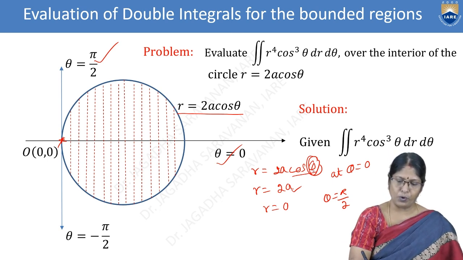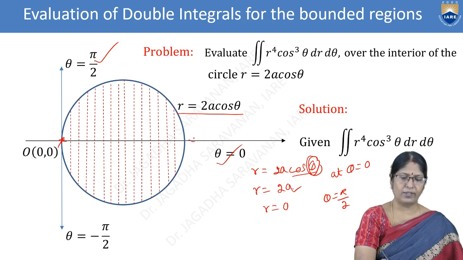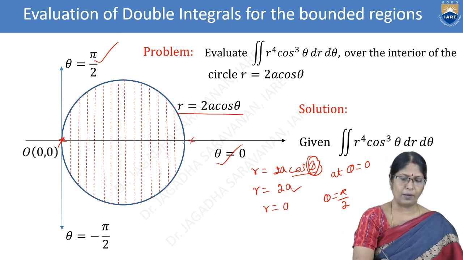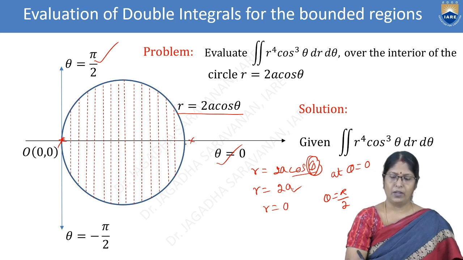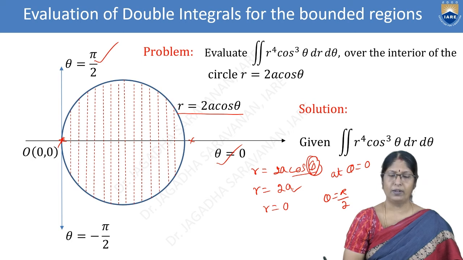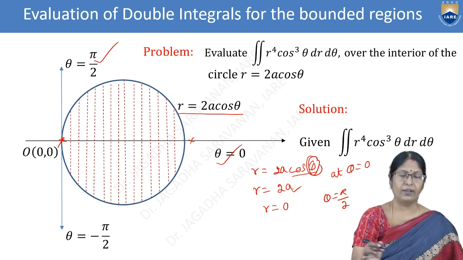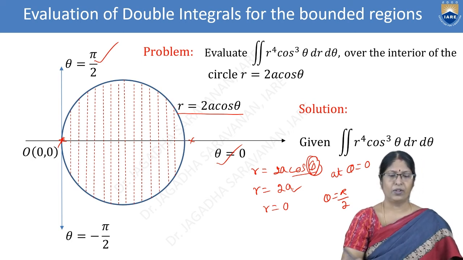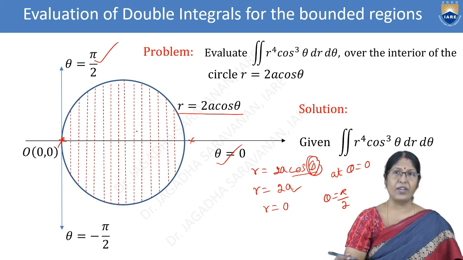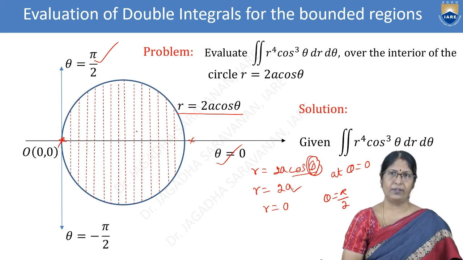If you put it here, this point is nothing but, we know, the initial line. Again it is coming back. If you put 2 pi, cos 2 pi we know is 1. So the circle comes back here. See, a complete circle. This is the interior region we have to find.